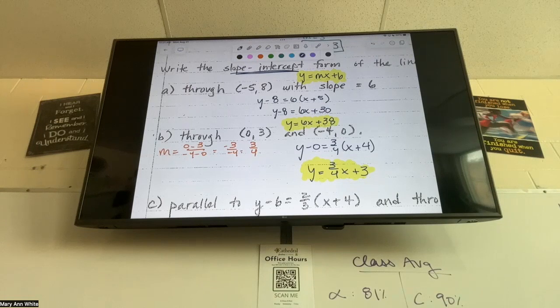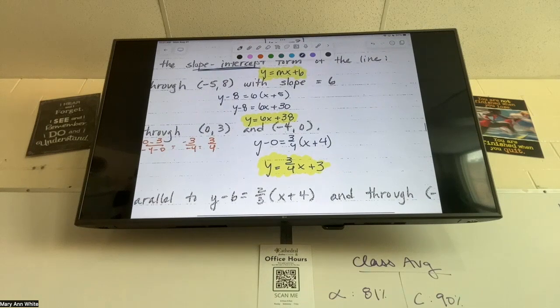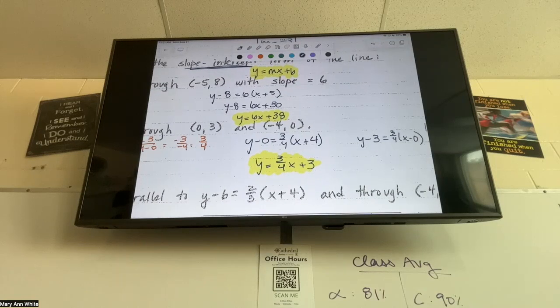Now on these ones where there's 0, if there's a point with a 0, I always like to use it. I chose to have the 0 with the y, so I didn't have to move anything over. But if you were like, I hate fractions, you could do the other point, 0, 3 and do y minus 3 equals 3/4 times x minus 0.